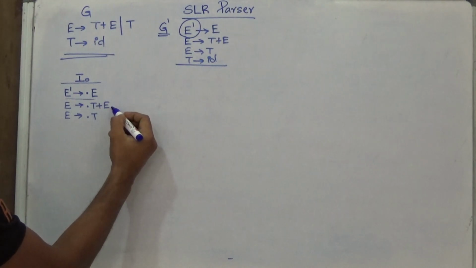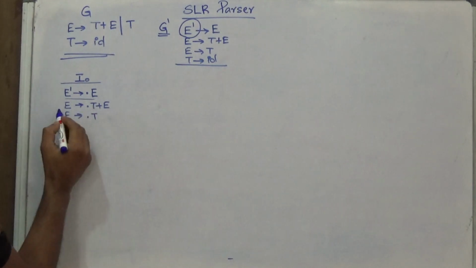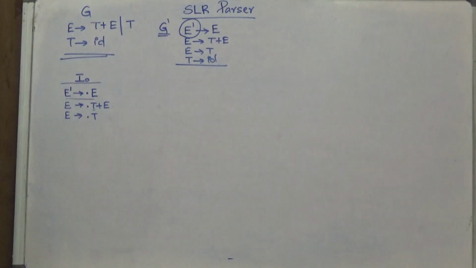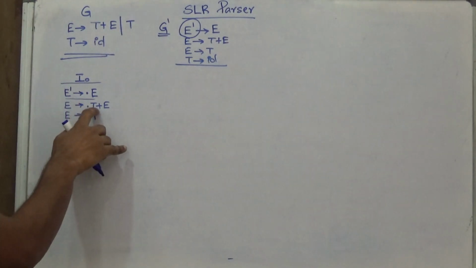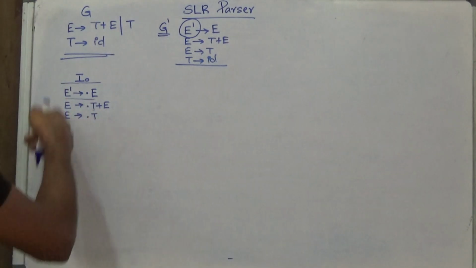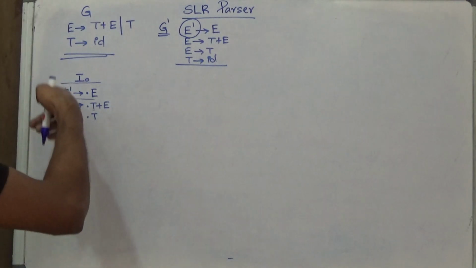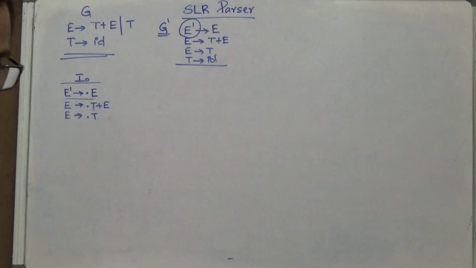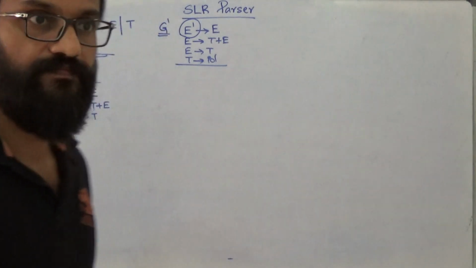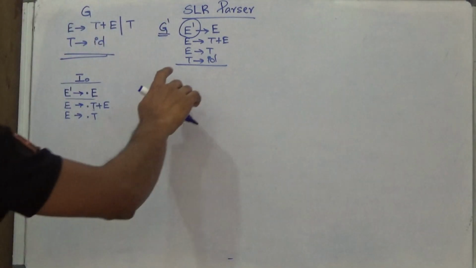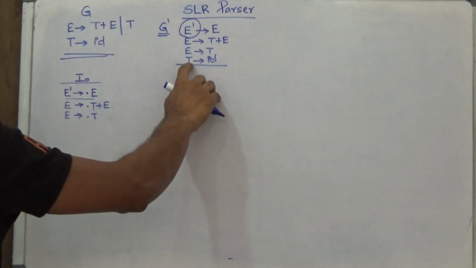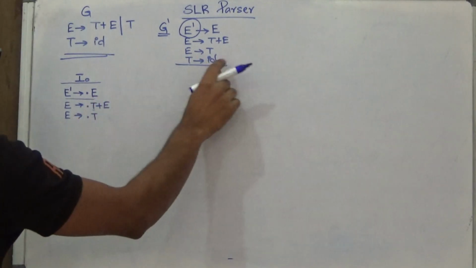Now see whether you can add closure of this item. If we check the right hand side contains dot immediately followed by a variable T. So we have not yet added any production whose left hand side is T. So if you consider production corresponding to T, this is the production T giving ID.